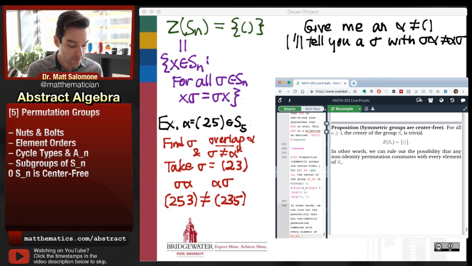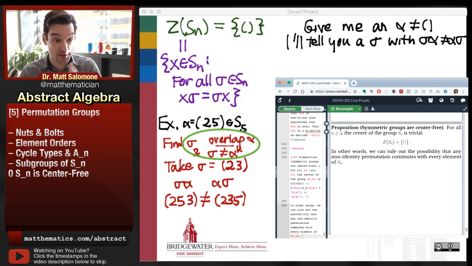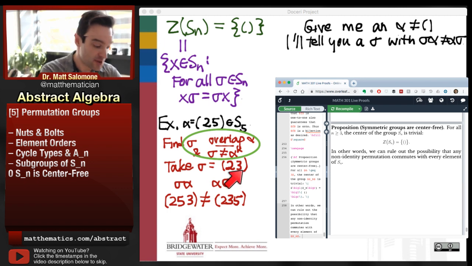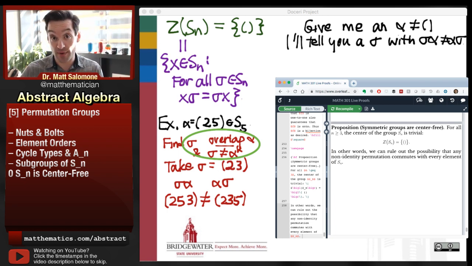Right? And so we can write a proof of this probably by generalizing this idea, right? That if you give me a permutation that's not trivial, then it means that some element, some position is getting moved to some other position. And I can then take as a transposition one that just flip-flops the position of one of those things with a position that's not being used.